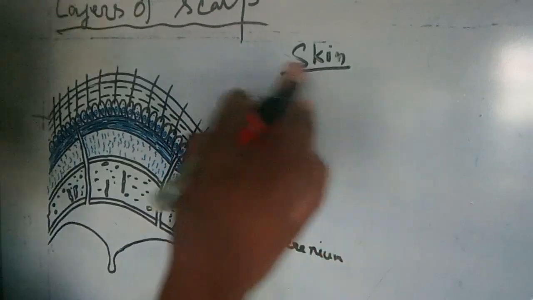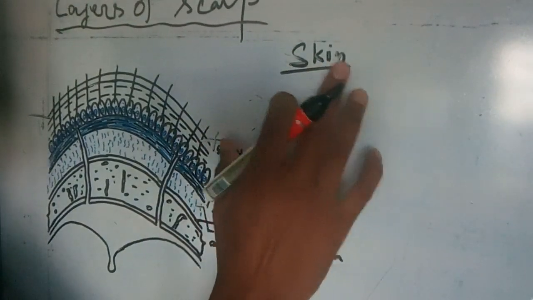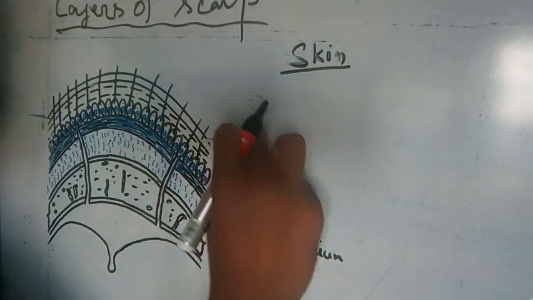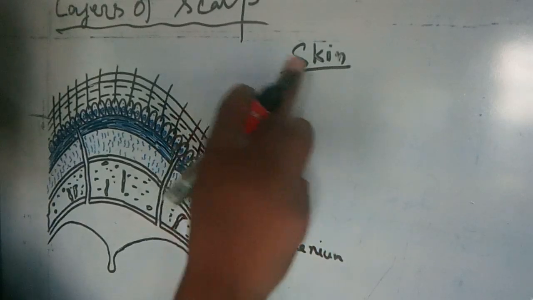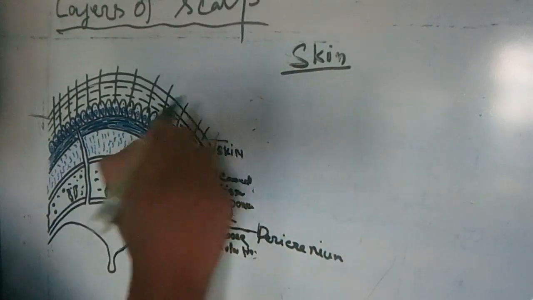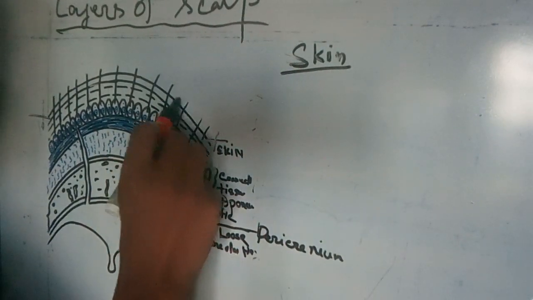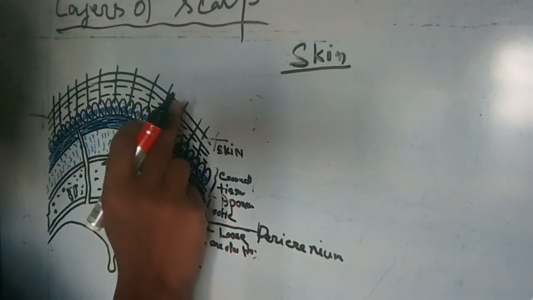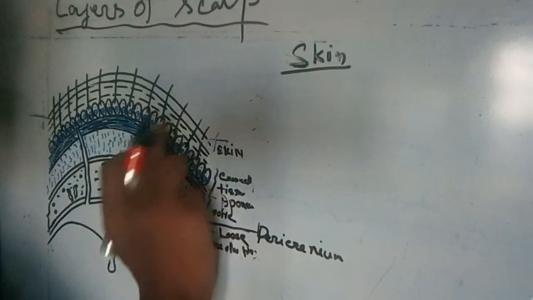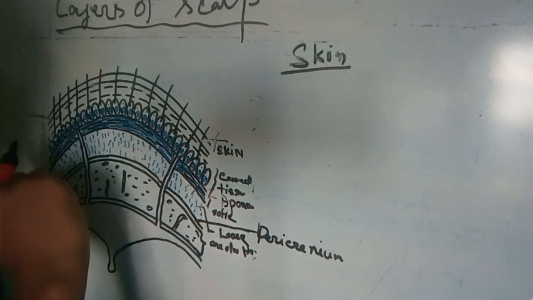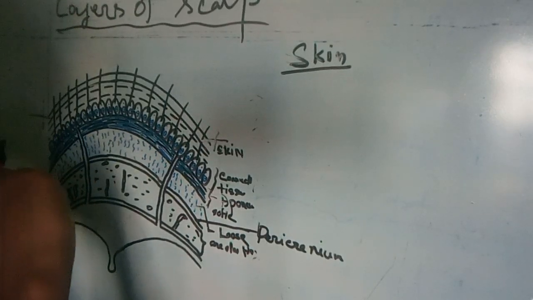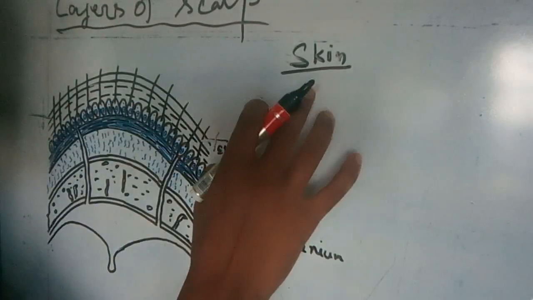The first layer is skin. It is characterized by the presence of hair follicles. Hair follicles are present here. Number two, sebaceous glands are also present here.